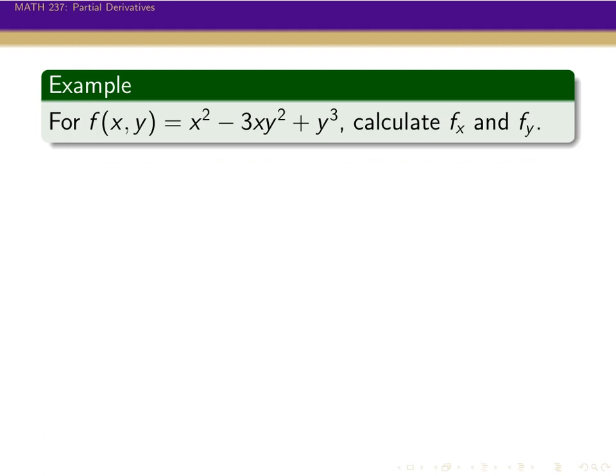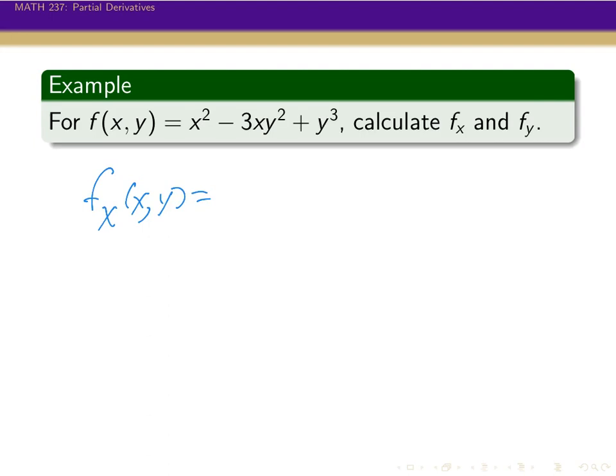So this is the same function as before. We're no longer focusing in on just one point, and we're going to calculate the partial derivatives f sub x and f sub y. For f sub x, we're taking the partial in terms of x, so we're taking the derivative in terms of x, treating the y's as constant.